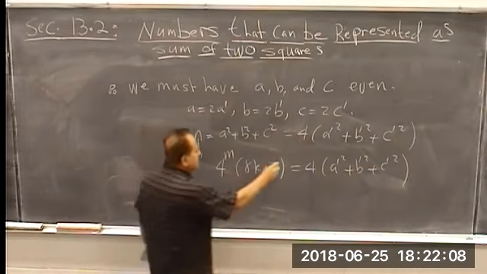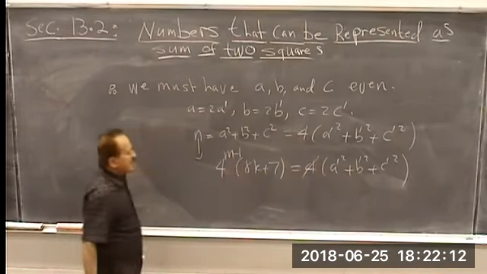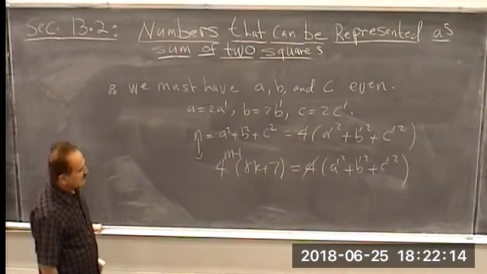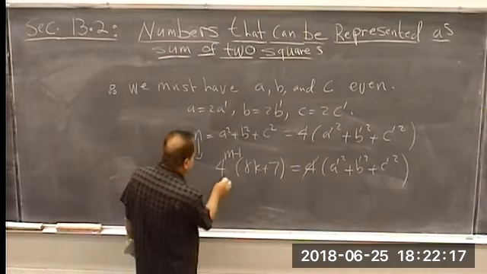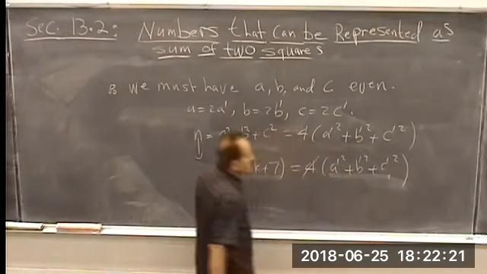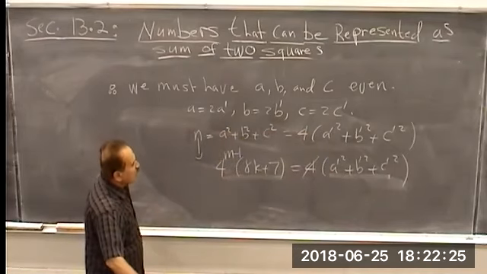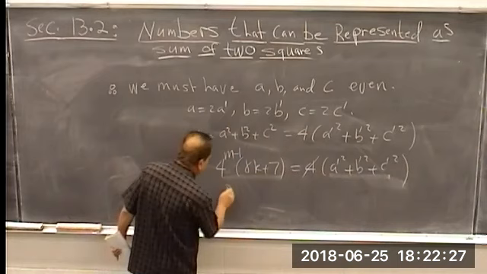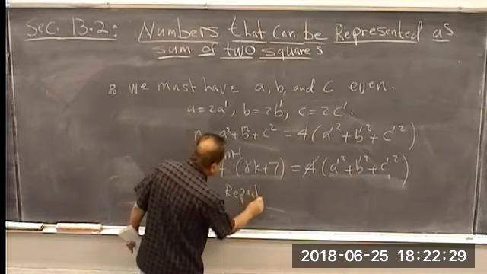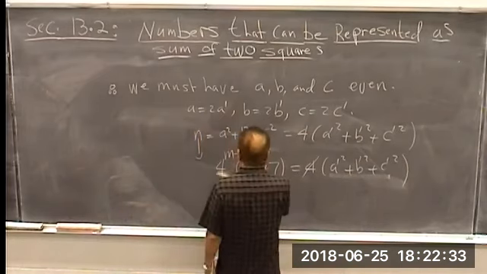Now we can divide by 4, so this becomes m minus 1, which means that we can write this one as a sum of three squares. If I repeat this argument over and over again, we're going to cancel all the 4s in here.